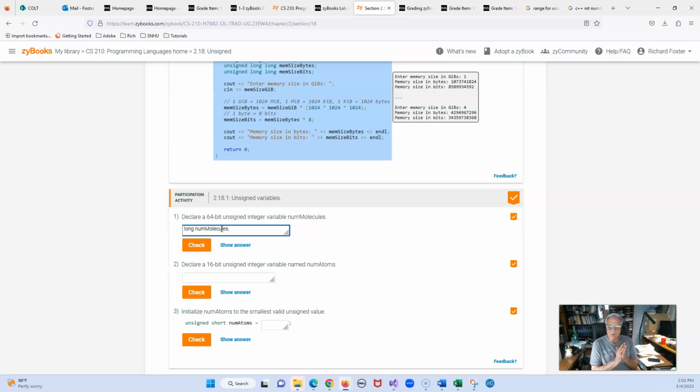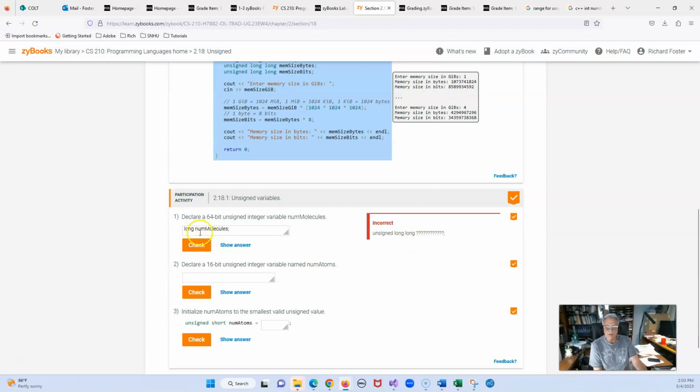Because we want a 64-bit, bear in mind that an integer and a long integer are 32 bits. They're 4 bytes, which is 32 bits. So let's click on this and see if it knocks us down, which I'm guessing it will. And it did. Unsigned. So this doesn't really help you.